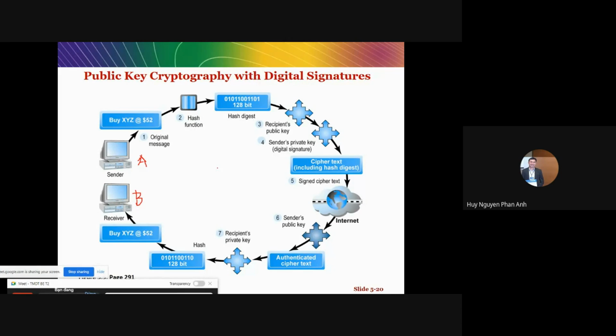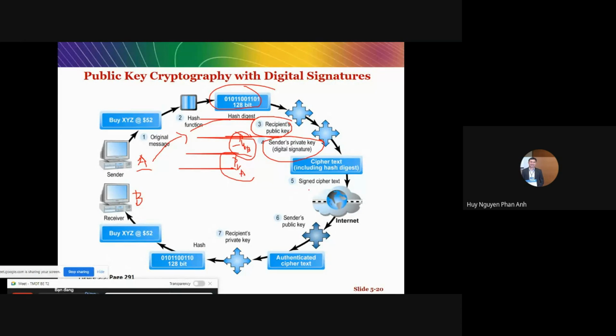So this is the process. A will send the message and use the hash function to get the set of numbers, and they will put the B public key here, and they will put the sender private key, meaning the private key of A, to sign. You know, if you want to encrypt, you use public key B, but if you want to sign, you use private key of A. Very simple.